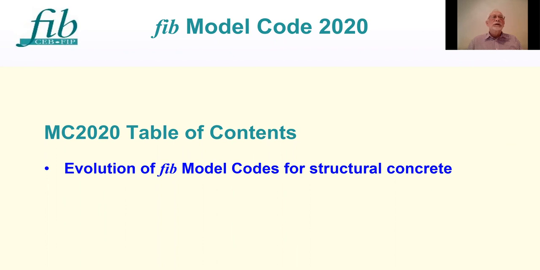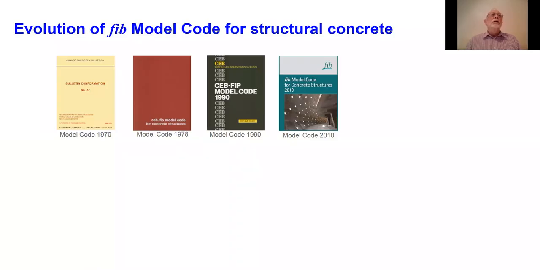Let us now look at the Model Code 2020 table of contents and start by considering the evolution of the FIB Model Code for structural concrete. There have been 4 editions, 1970, 1978, 1990, and 2010.